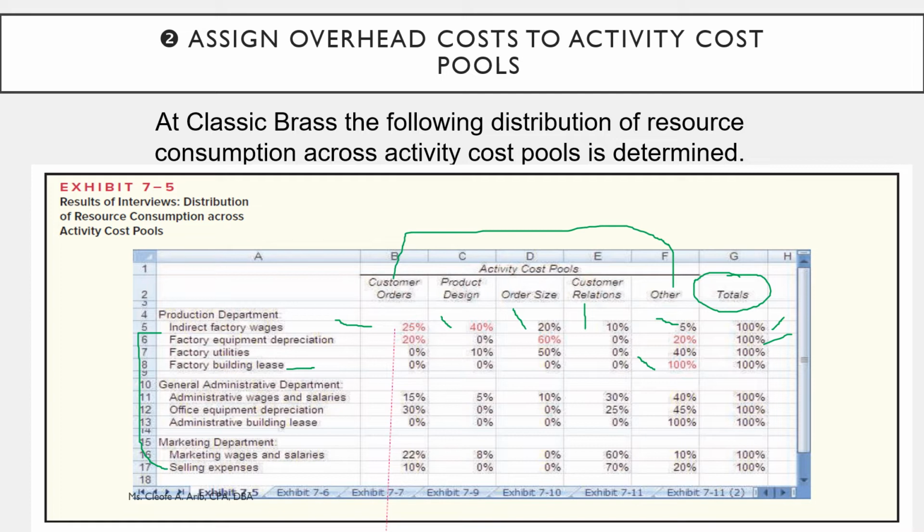So, ano gagawin sa first stage allocation? After you determine kung ano yung inyong overhead costs, you interview the key people so that you can approximately divide the overhead cost to your different activity cost pools.